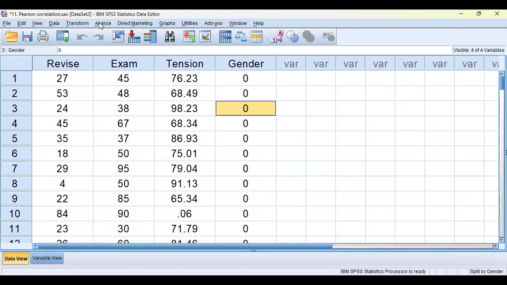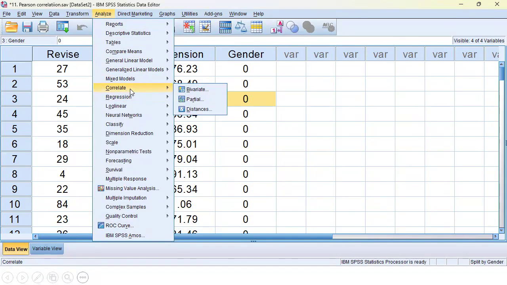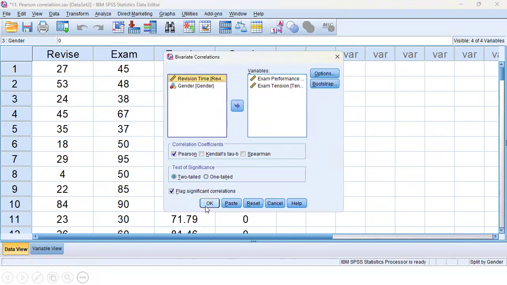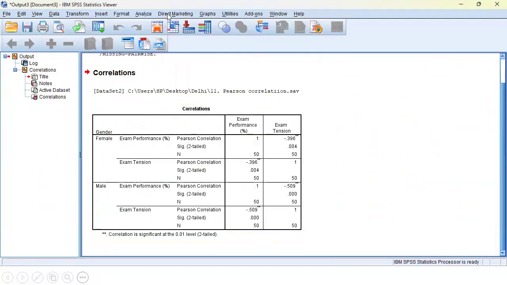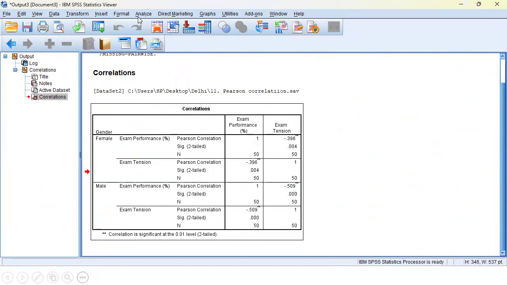Split file, analyze, then correlate, bivariate. My file has been split. Now you can see there are two results, one for male and another for female.